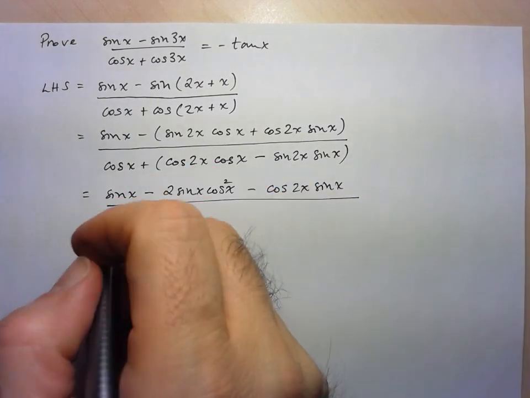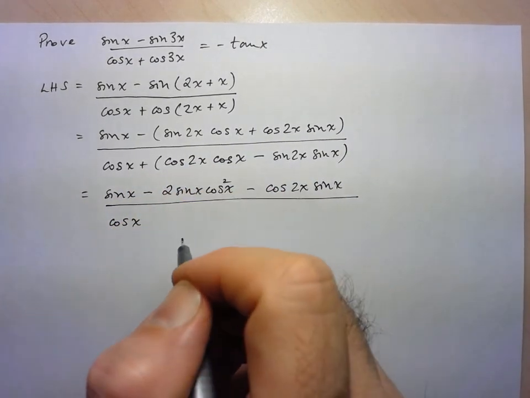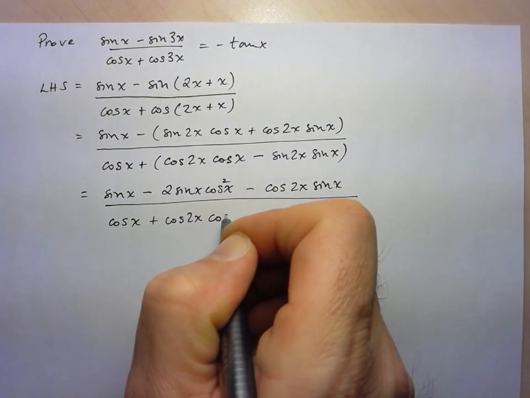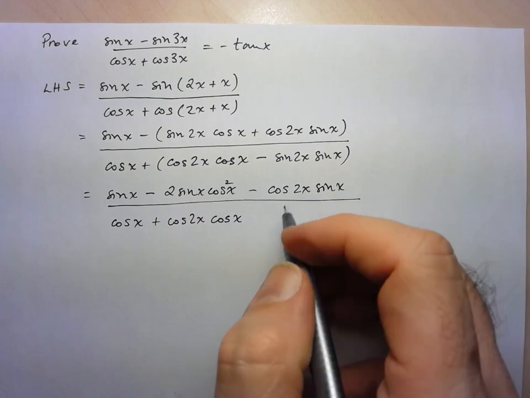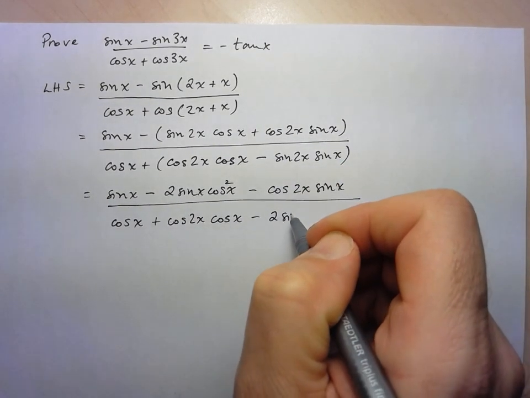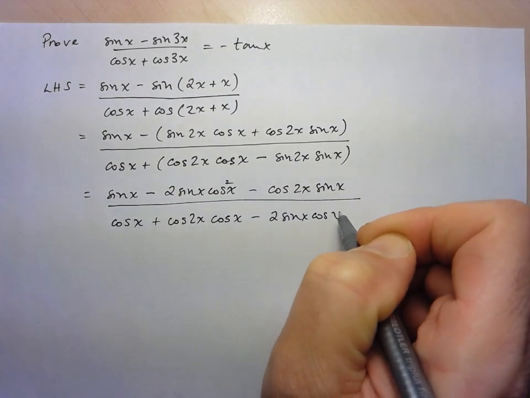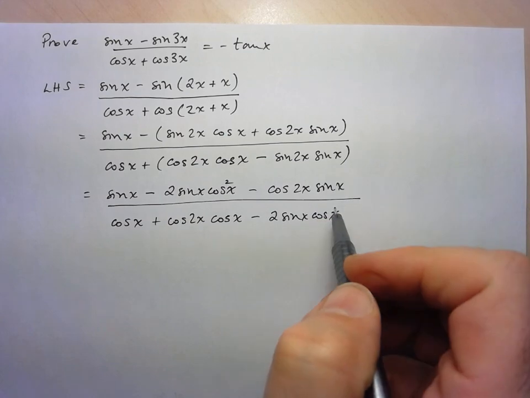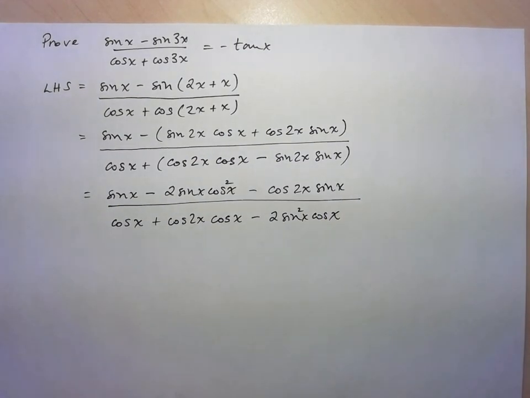And I'm going to do the same thing in the denominator. I'll leave the cos 2x as is for now because it's not obvious what I'm going to use. So minus 2 sine x cos x, and here there's another sine x that I'm multiplying, so that'll be sine squared x.